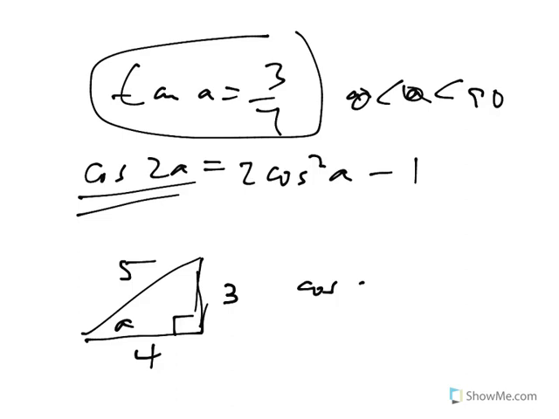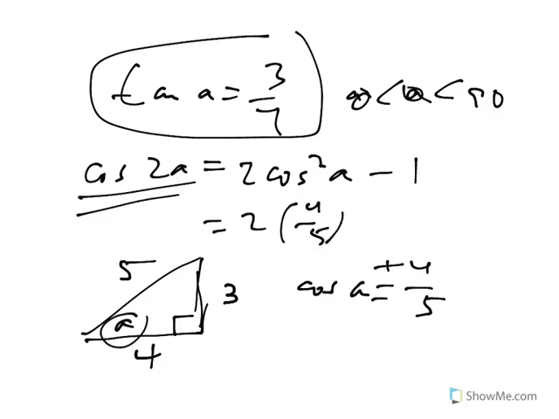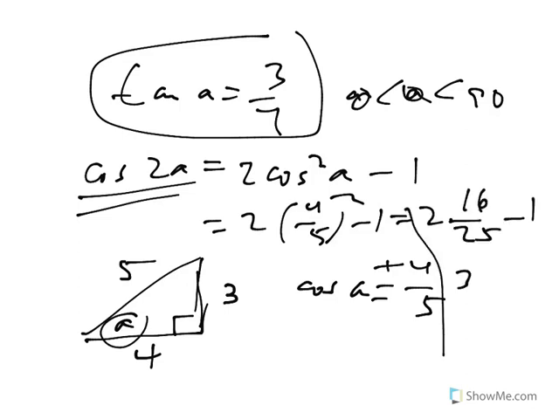So cosine of a is going to be 4/5, and it's positive because a was an acute angle. So this is 2 times 4/5 squared minus 1, which is 2 times 16 over 25 minus 1, which is 32 over 25 minus 1, which is 7 over 25.